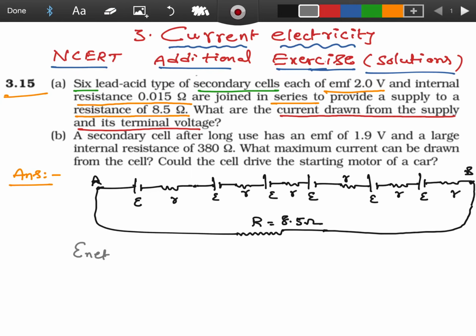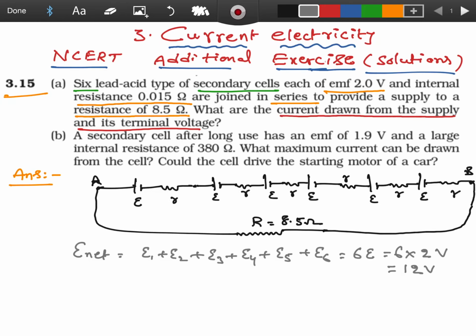E net will be equal to E1 plus E2 plus E3 plus E4 plus E5 plus E6. All are in series and all are equal, so it is 6 times E, that is 6 into E. E is 2 volt, which is 12 volt.